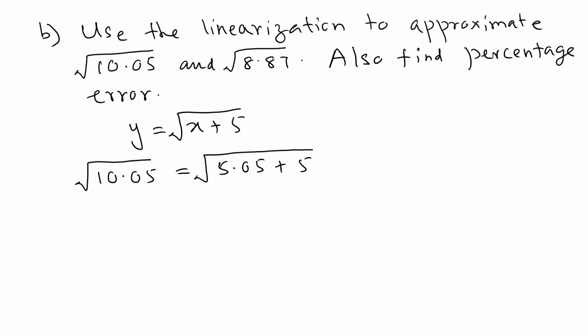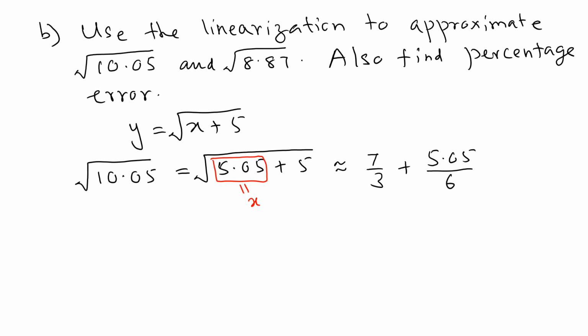This tells you exactly what your x value is. The x value is 5.05, and you can see that this is close to 4, so your approximation won't be bad. From the formula, this is approximately equal to 7/3 plus 5.05 divided by 6.